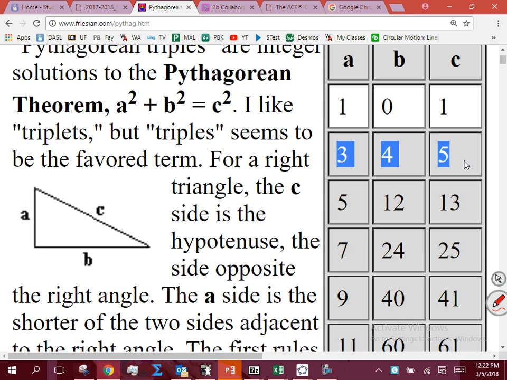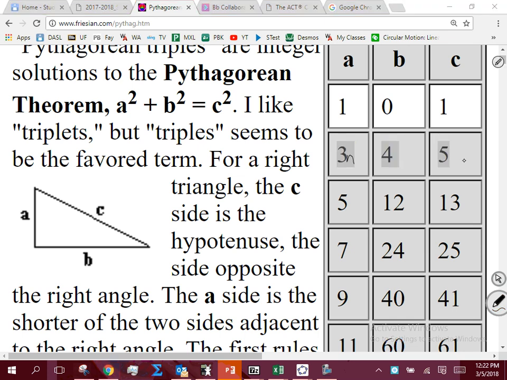Well, what I mean by that, you don't see 6, 8, 10 in that list, right? Because 6, 8, 10 are generated from 3, 4, and 5. You don't see 9, 12, 15 up there because they're generated from 3, 4, 5. So if we look at that list, any multiple, maybe 3n, 4n, and 5n, where n is any real number it wants to be, will create a right triangle. 5n, 12n, 13n will create a right triangle.